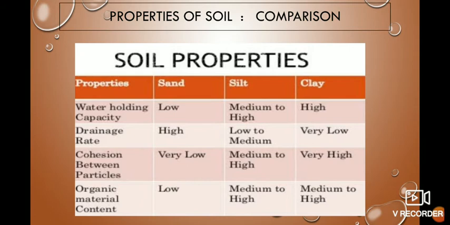So places which have very sandy soil will have no waterlogging problem. Water will not stand there. But places which have a high amount of clay particles, there the water will be stagnated, and we call these waterlogging areas. Similarly, organic material or humus is very low in sandy soil, whereas in clay soil it is very high.